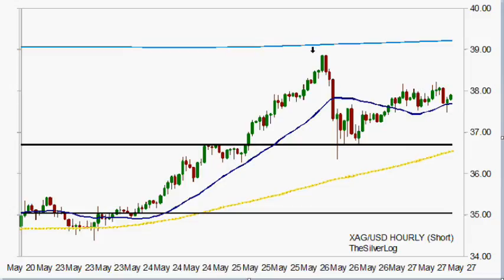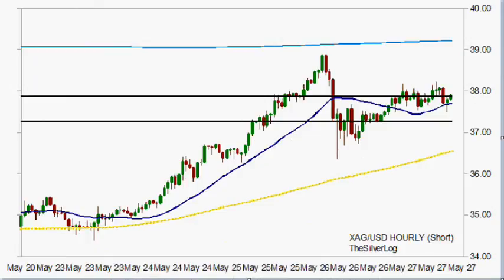Now, as far as the Fibonacci from this high and this low, if we calculate it on this degree, this is what we come up with. And after this massive candle, what's interesting is that on the first level, it came right back up to this Fibonacci level and then consolidated there for about 8 or 9 hours. After it broke out, it's now consolidating here for about half a day, at roughly the 37.75 mark.